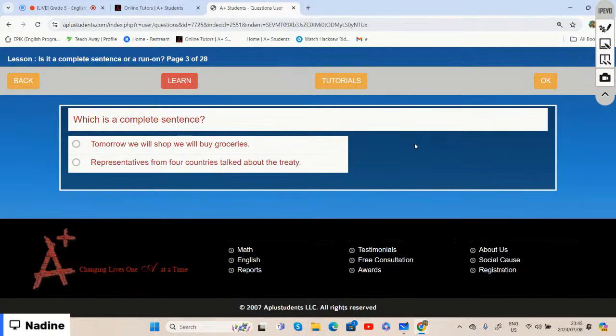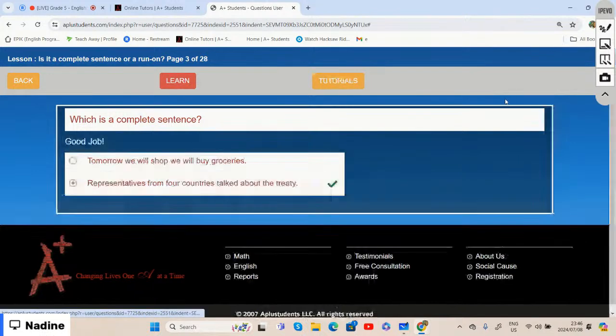All right, if we were to select our complete sentence, we will choose option two, which is "Representatives from four countries talked about the treaty." One subject, one verb. Well done.